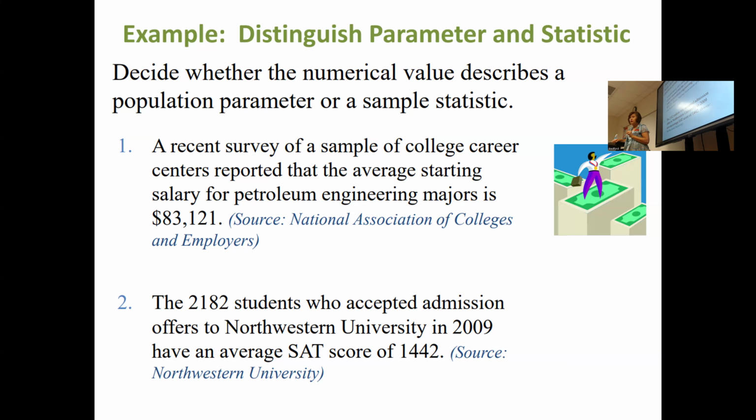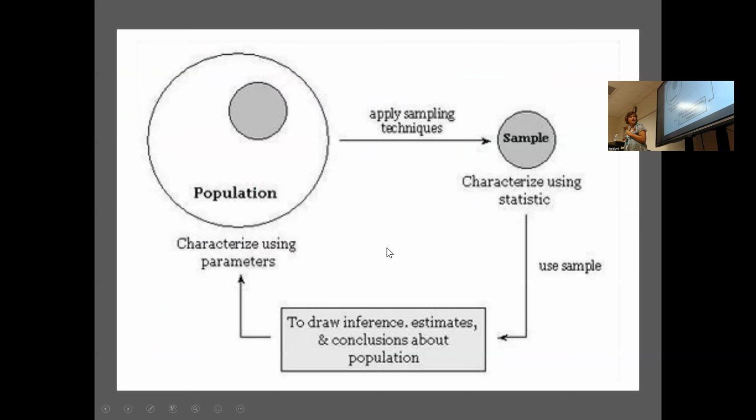And it's a population. Why? Because it was everybody who accepted admission offers. Okay, so it didn't leave anybody out. That was everybody in the admission process. Very good. So that means if it came from a population, it's called a what? Parameter. Excellent. Okay, so this is kind of a fuzzy looking graphic, but basically this is where you see parameter goes with population, statistic goes with sample.